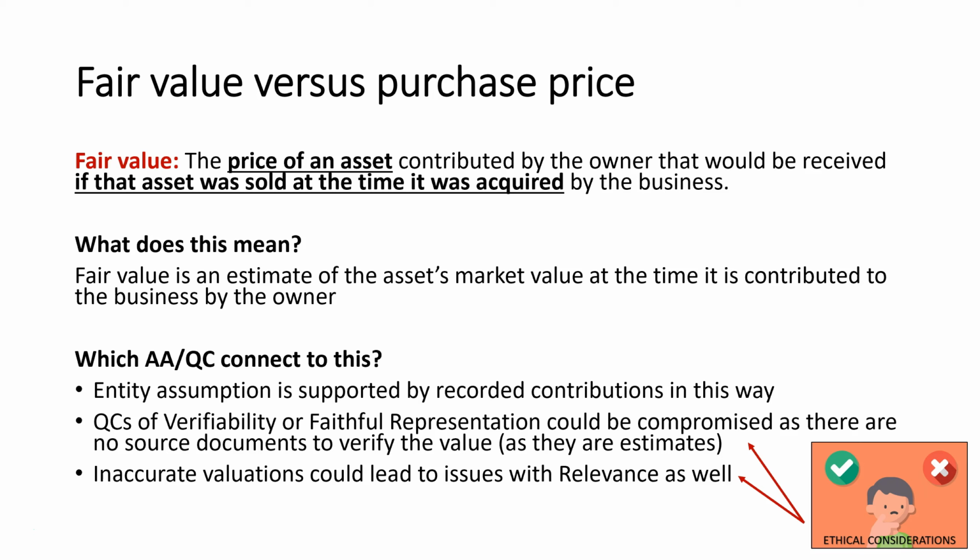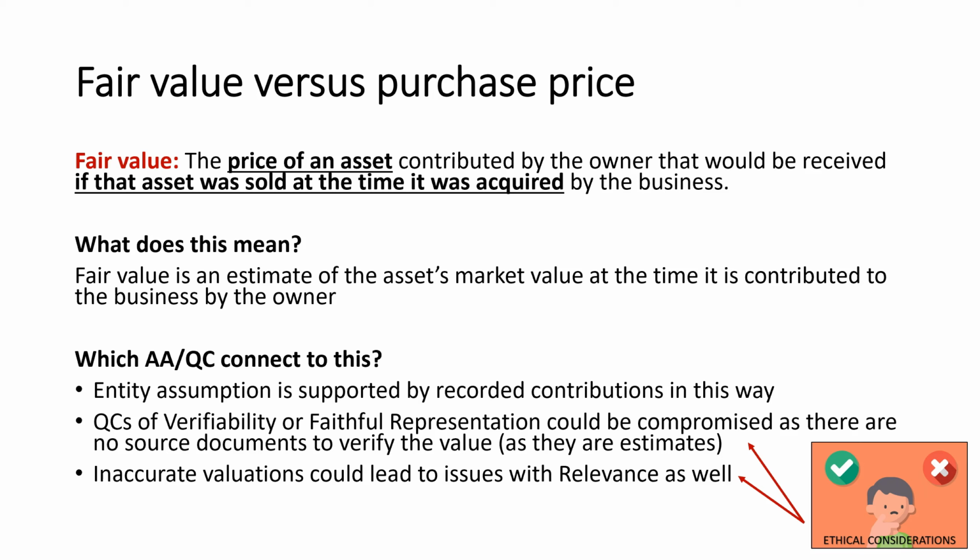The reason why we use fair value, which essentially is an estimate of the asset's market value at the time, is because we know that the asset's value will not necessarily still be how much we paid for it originally, because we might have used some of the benefit or consumed some of that before it came to the business itself.